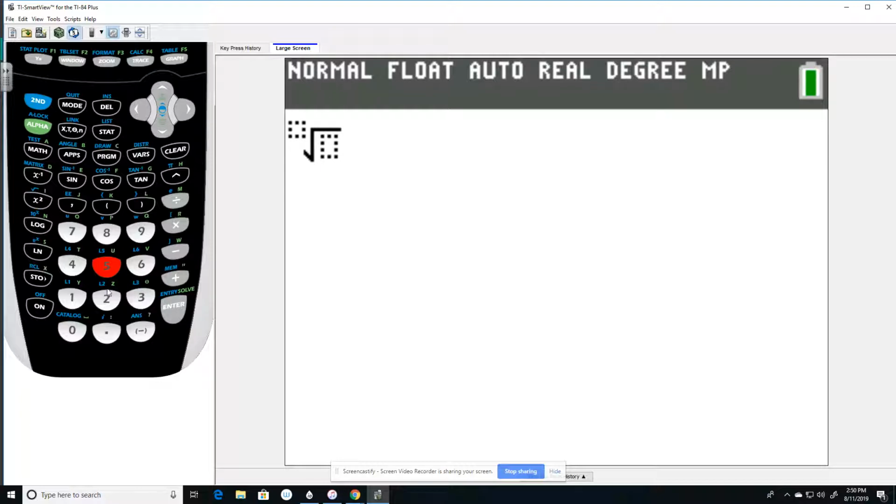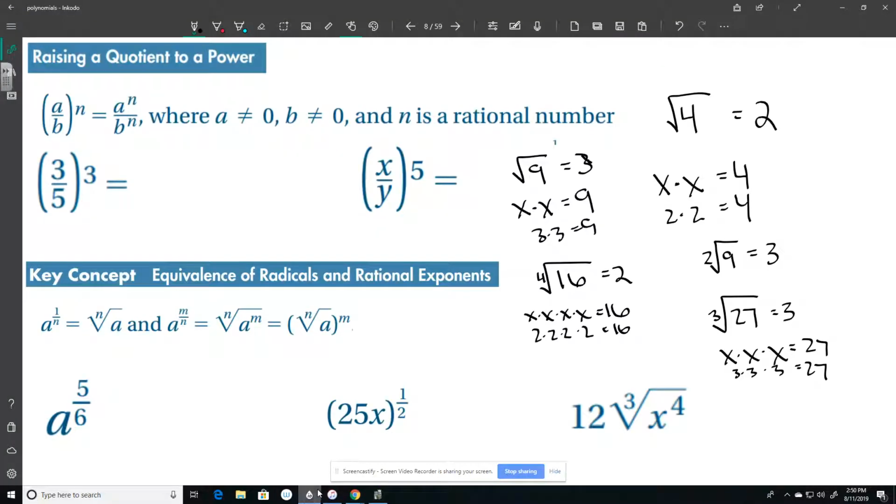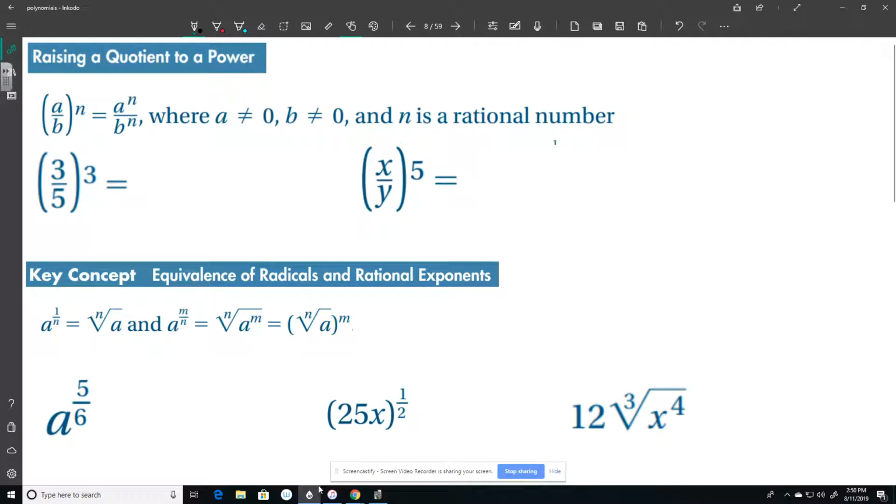So I can say, what is the fourth root of 81? So what number times itself 4 times is going to equal 81? And your answer is going to be 3, because 3 times 3 times 3 times 3, 4 of those multiplied, is 81. So there's your quick recap of what you should have already learned.